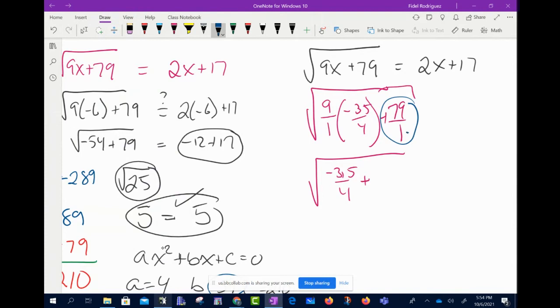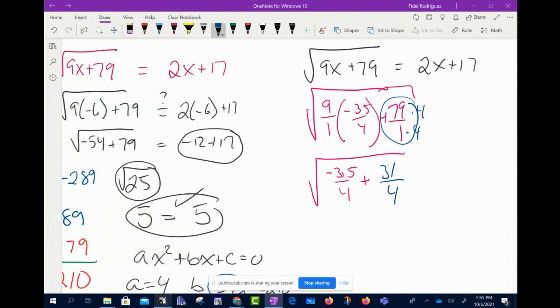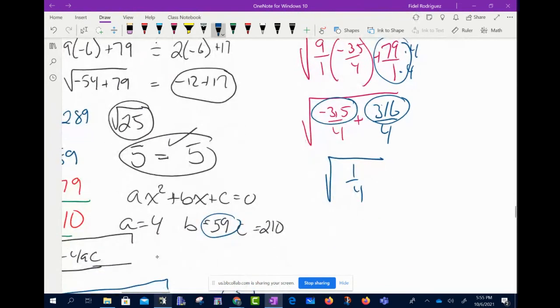If this denominator is 4, I need to make this one into 4 as well. So I'm going to take my calculator. What's 79 times 4? That's 316. So now when I add these together, 315 negative and 316 positive is 1 over 4. And the square root of 1/4 is just 1 over 2.